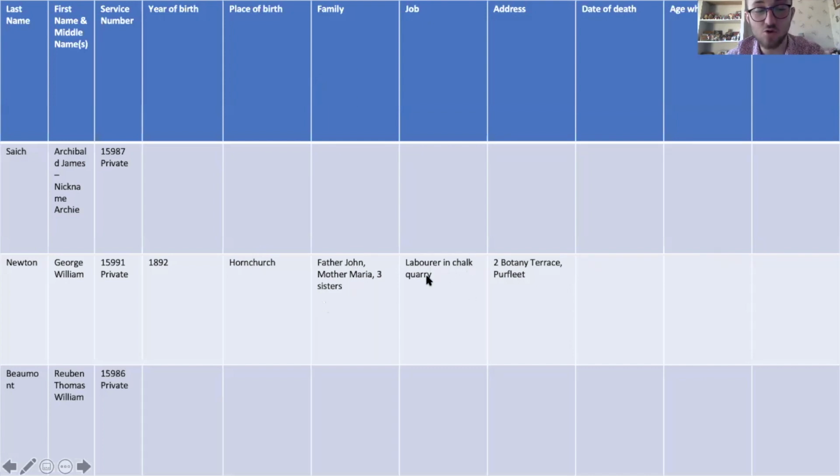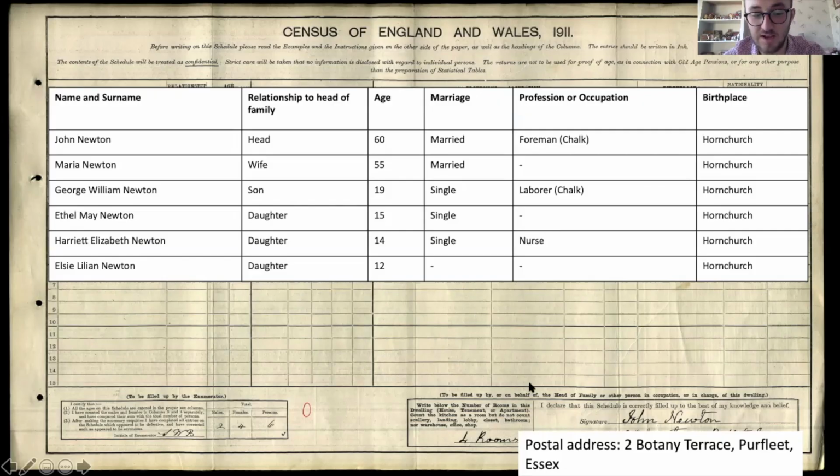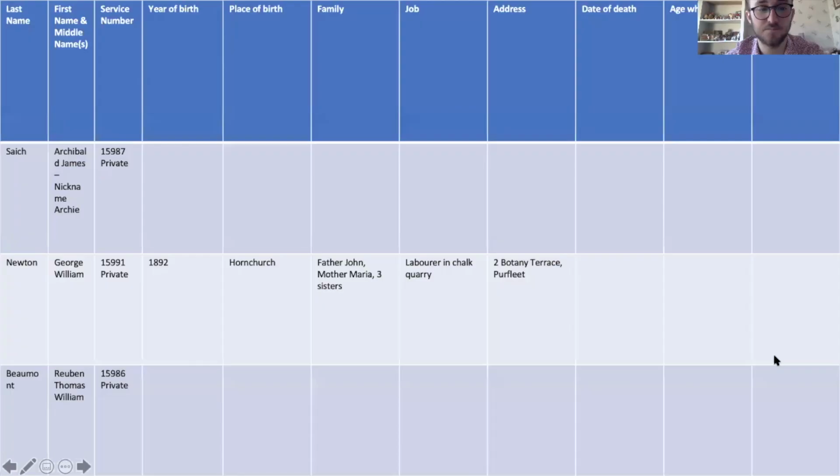He's a labourer in the chalk quarry, and he lives at 2 Botany Terrace. Sorry, guys, I should have pointed that out. At the bottom here, we've got the postal address, which is 2 Botany Terrace in Purfleet, Essex, which still exists today.